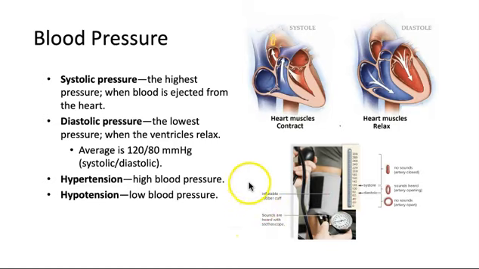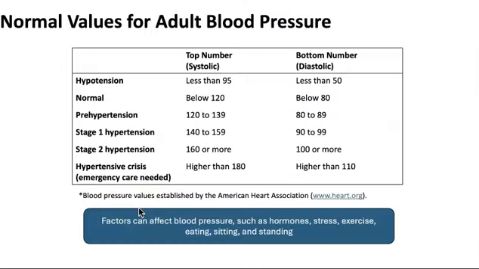Now, sometimes our blood pressure is higher than those numbers, and that is hypertension. And if they are lower, then we have hypotension. So here's a table that summarizes hypotension and then our varying stages of hypertension.